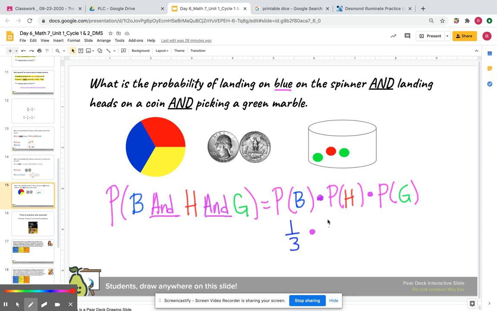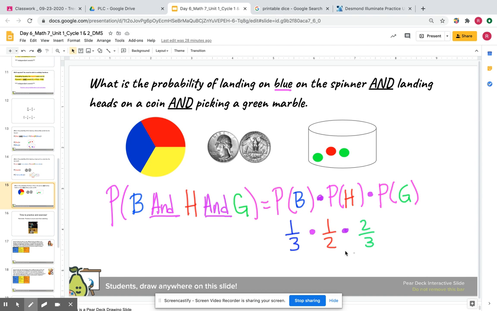Okay, it's 1/2. So now we don't forget the operation of multiplication. Now you have to find the probability of picking the green marble from that jar. Go ahead and write that down and then check in with me. So the probability of picking the green marble is 2/3.